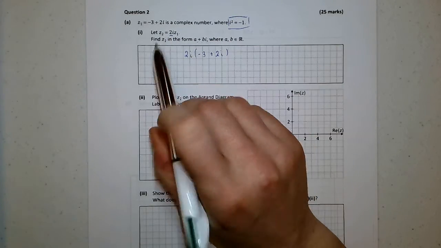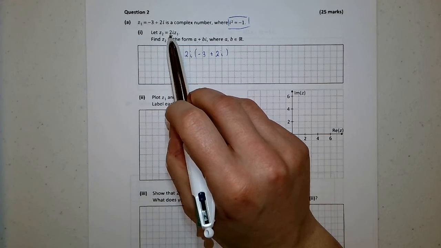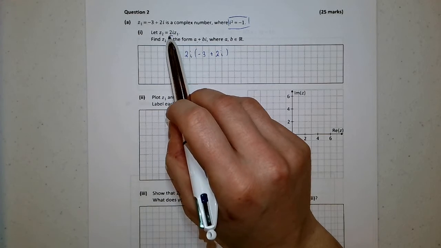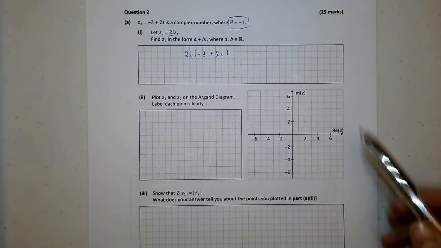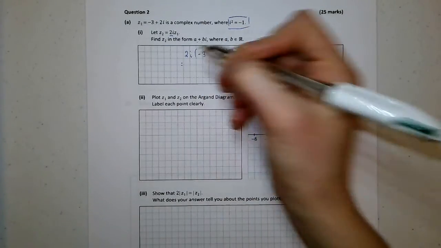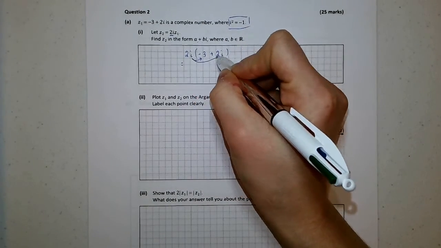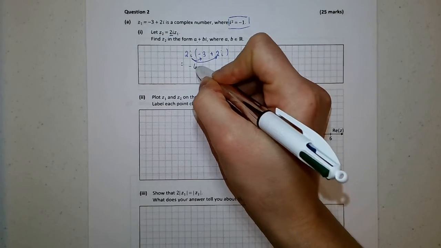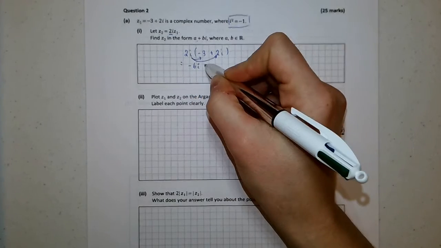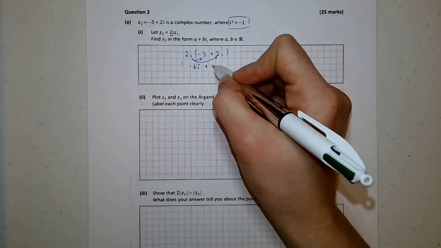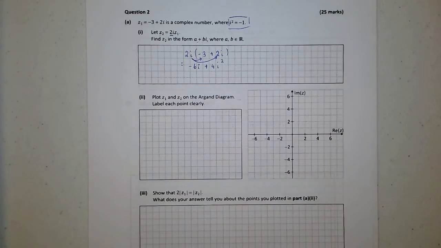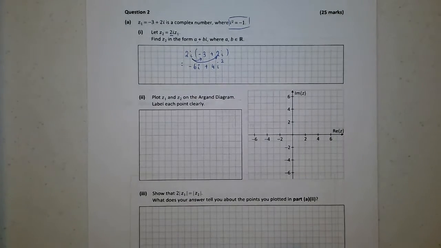So as you can see, z2 is equal to 2i z1, so that just means 2i multiplied by z1. When we multiply this out, we multiply the term outside by each term inside, so we will get minus 6i plus 4i squared. Now, this is where this part becomes important.